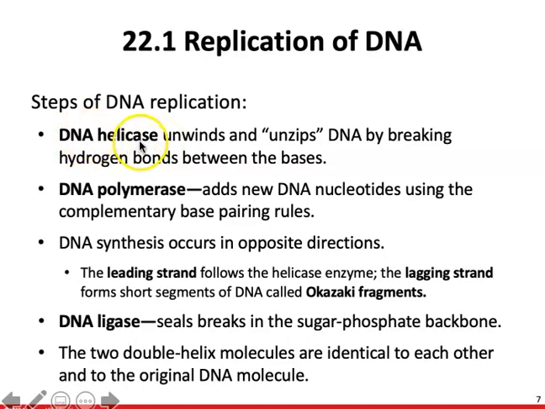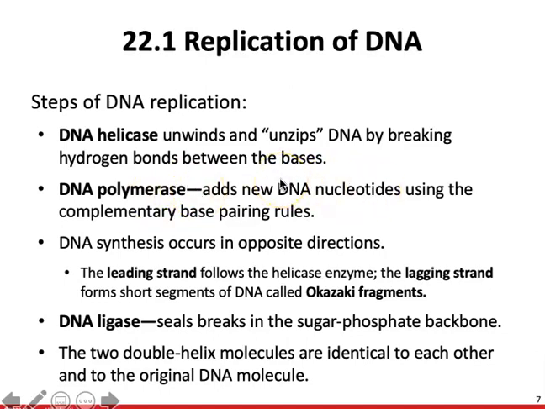DNA helicase is an enzyme that unwinds the DNA helix. DNA polymerase is an enzyme that polymerizes DNA. It takes single nucleotides and turns them into a DNA polymer. DNA ligase is an enzyme that seals DNA pieces together. So that ASE is typically used to denote enzyme activity.